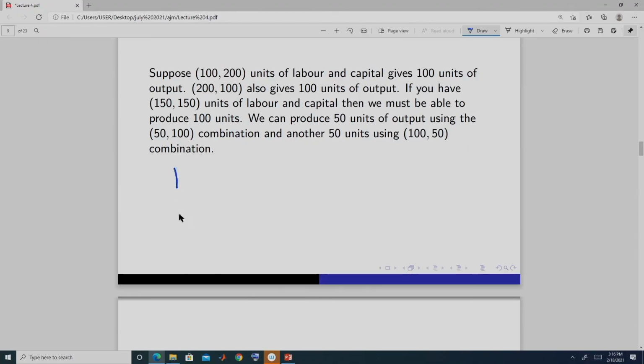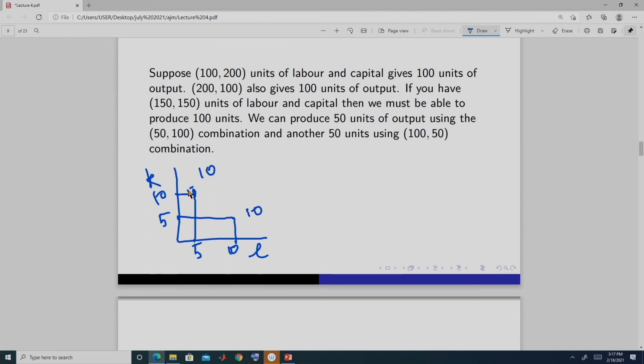What does it mean? Convex means that suppose you take labor here, capital here, and suppose this point is 5 and 10, and this is 5 and 10, and both of them give me 10 units and 10 units.